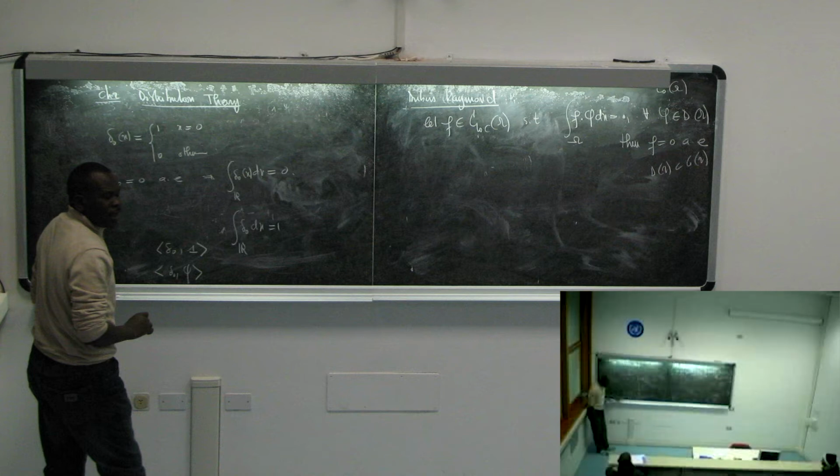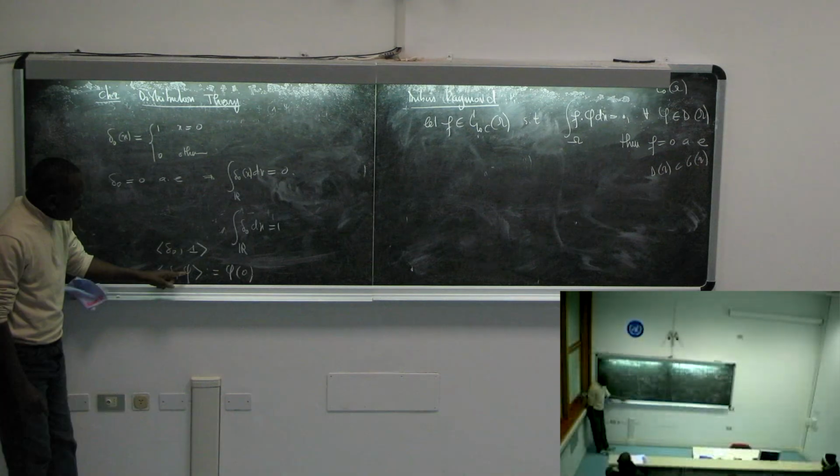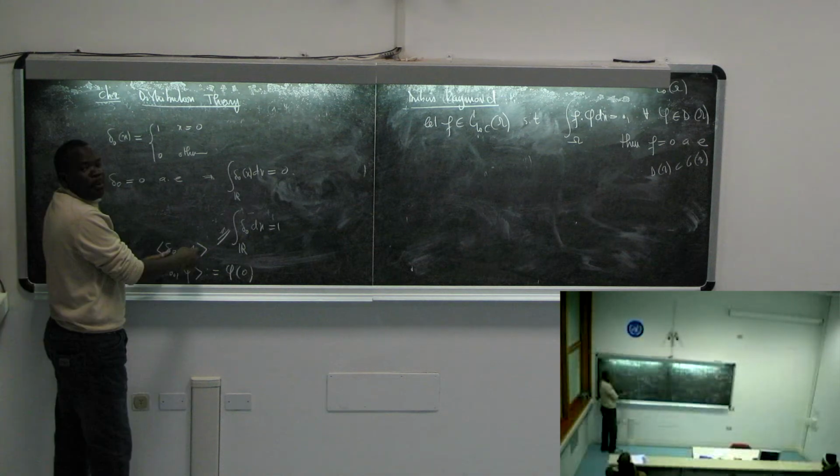If you take this definition, delta naught applied to phi is equal to phi of 0. So if you replace phi by 1, you will have delta naught applied to the constant function 1, which is the constant function applied to 0, and you will get exactly 1. So this is not an integral, this is just the Dirac distribution applied to the constant function 1.